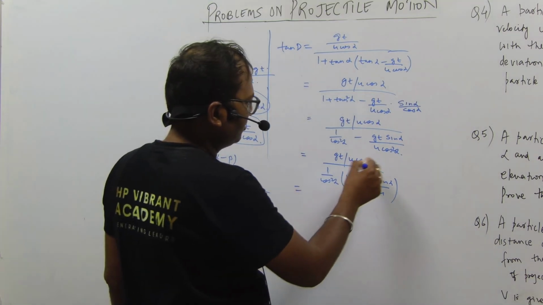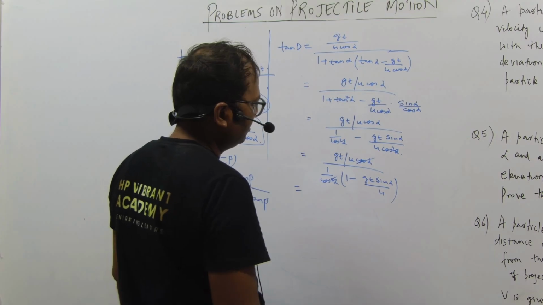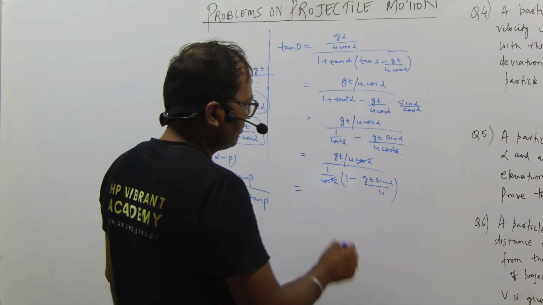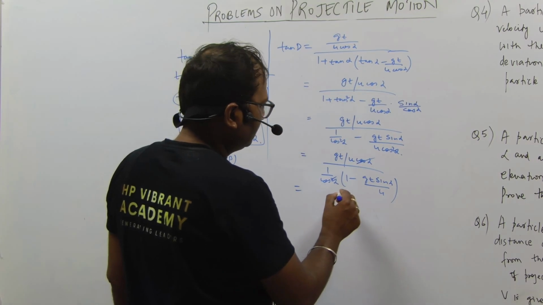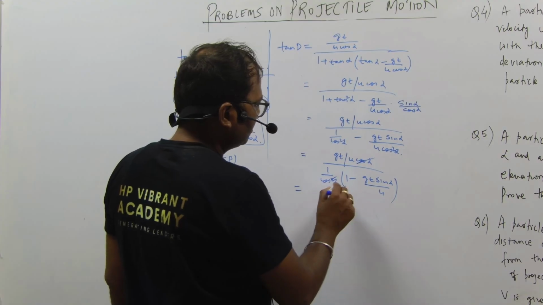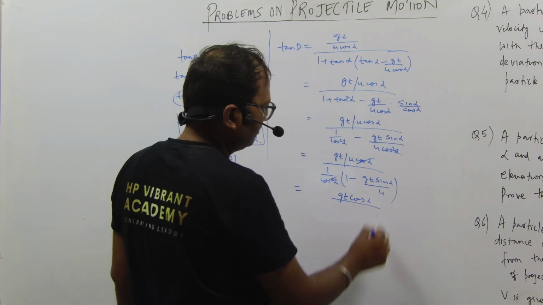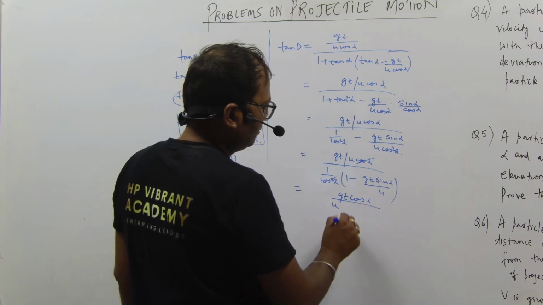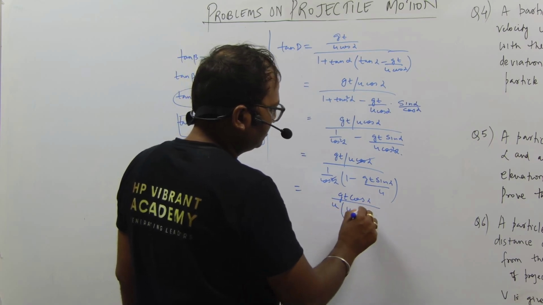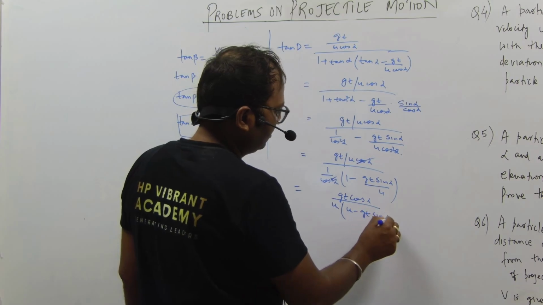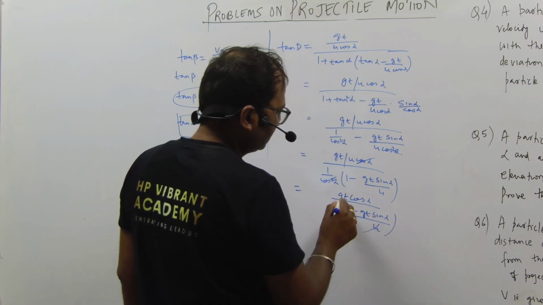So this cos alpha and this get cancelled. So we have gt into this cos alpha will go into the numerator. So gt cos alpha upon u into u minus gt sin alpha upon u. This gets cancelled.